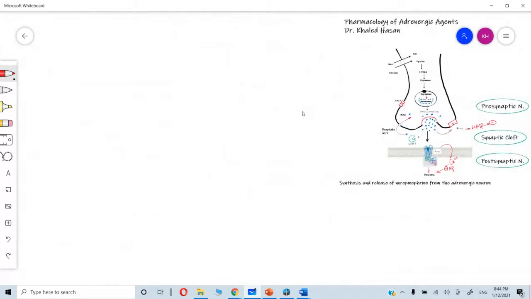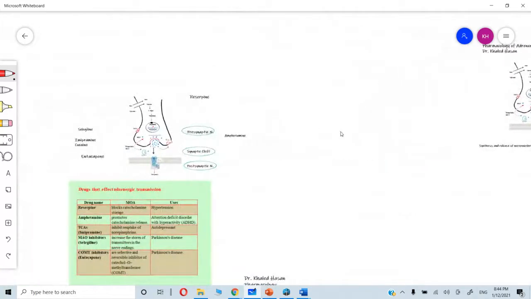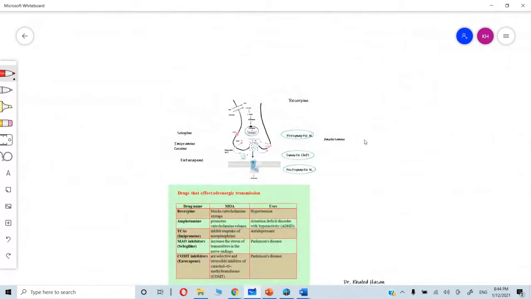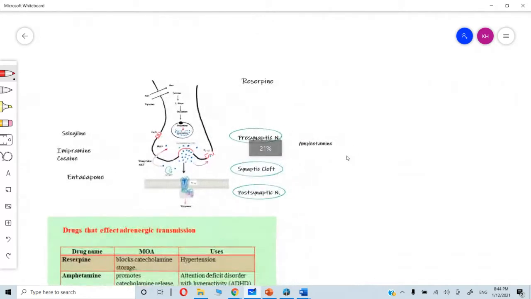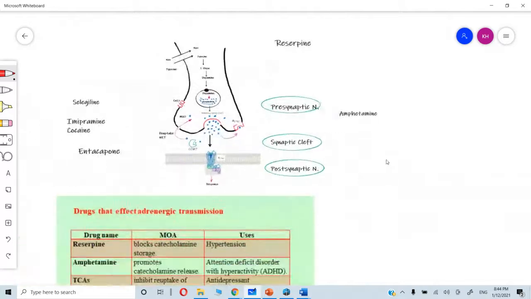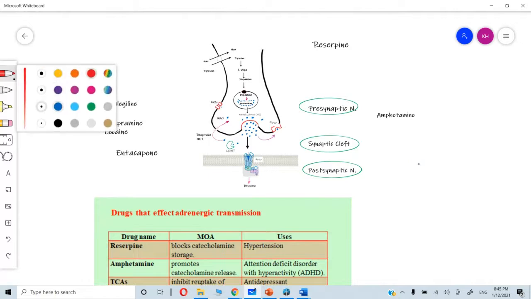Moving to another image, this is the same diagram, but we can see the drug effect there.